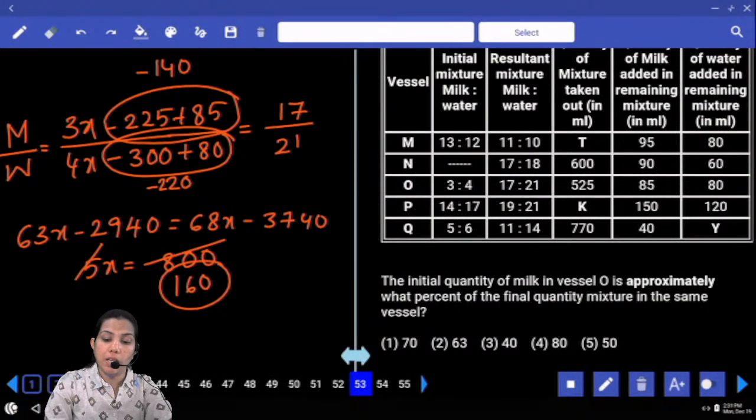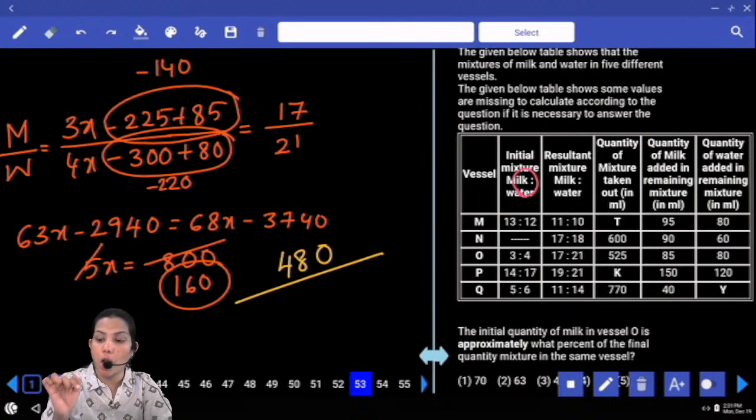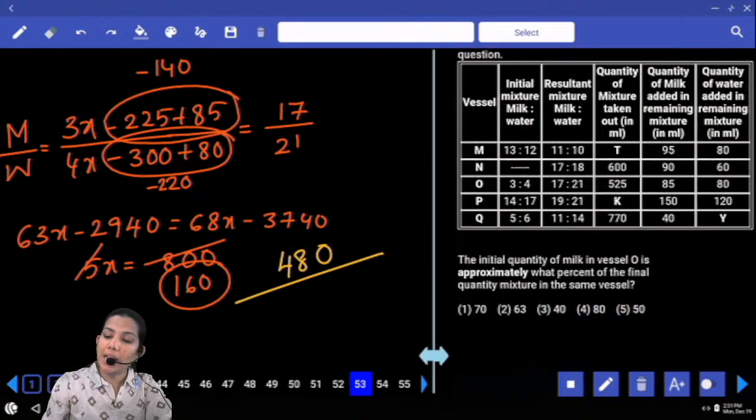వాట్ ఈస్ ద క్వశ్చన్? Initial quantity of milk in vessel O. What is the initial quantity of milk in vessel O? 3x only. What is the 3x value? 480. 480 is approximately what percentage of the final quantity of mixture in the same vessel?